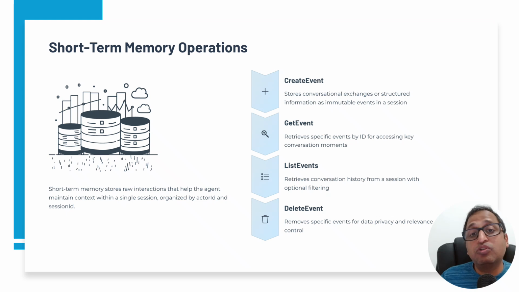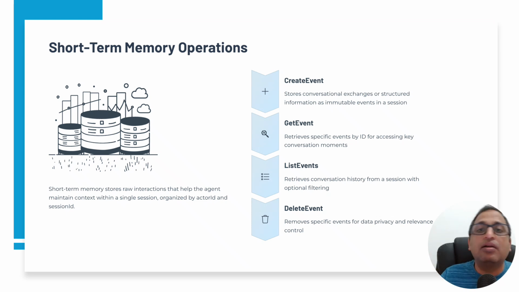Bedrock AgentCore provides four primary operations to interact with memory. Number one is create event. This allows us to store conversational exchanges or structured data as immutable events in the session timeline. Then get event is used to retrieve a specific event by ID, very useful when the agent needs to recall key moments in the conversation. List events gives the ability to retrieve a full or filtered conversation history of a session, so that when the agent starts, it knows what has been discussed.